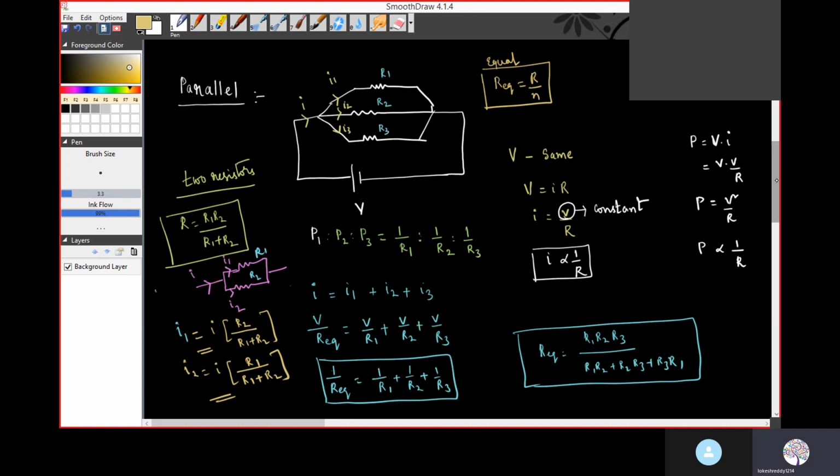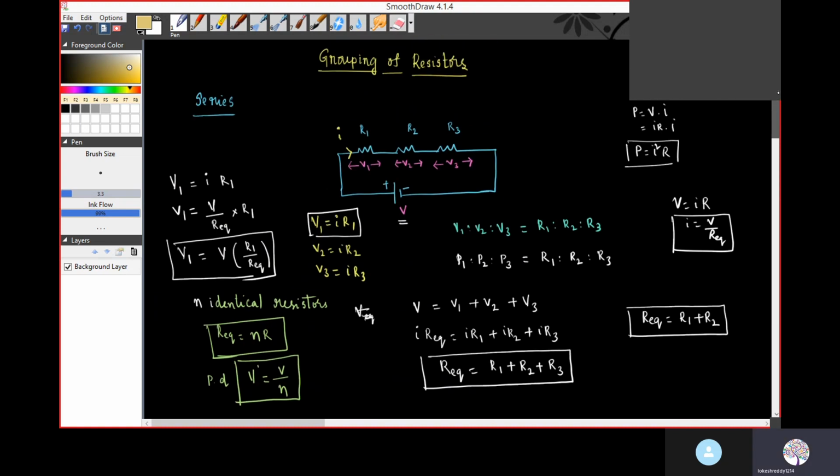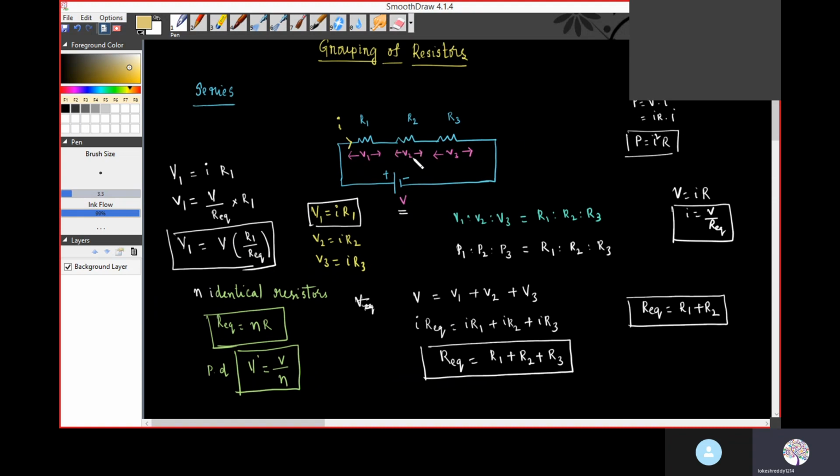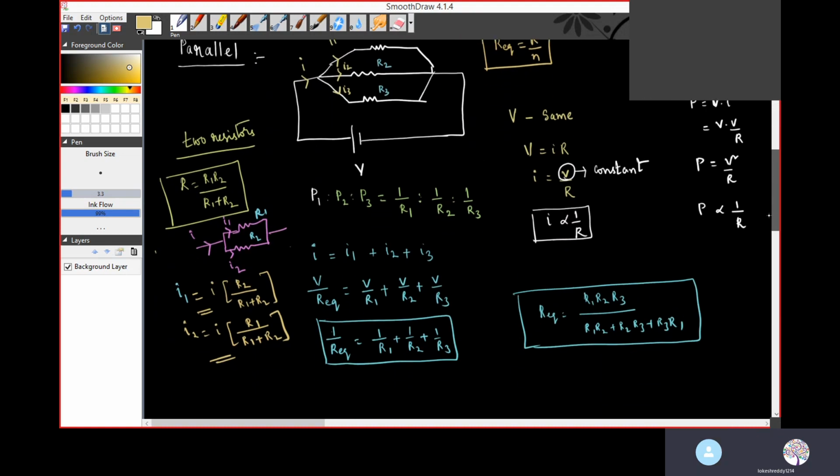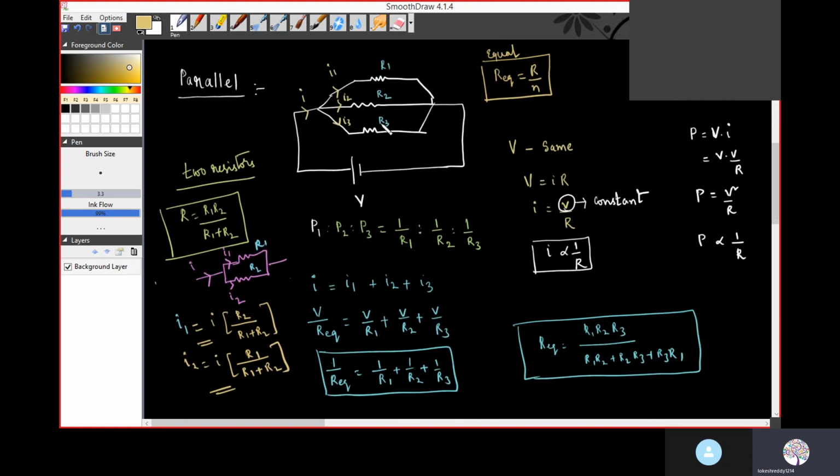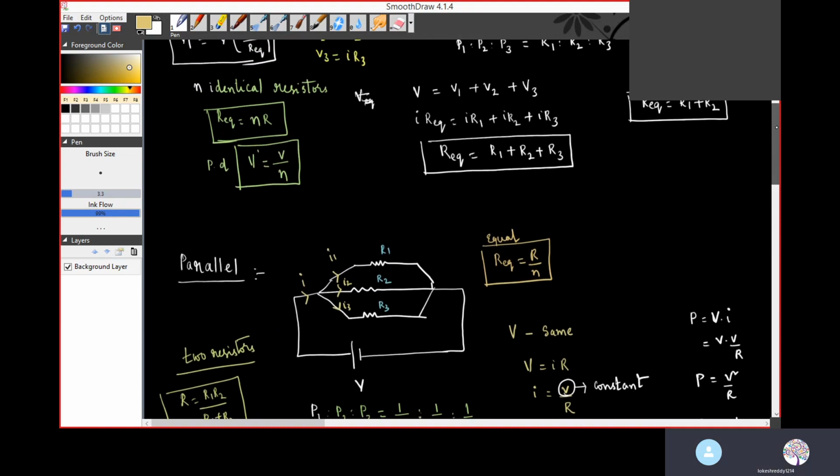In series, if one of them is broken, the circuit is broken and nothing will glow. In parallel, if one of them is not working, then also it is okay because the current will flow through the others. So in decoration lighting for festivals, they use parallel.